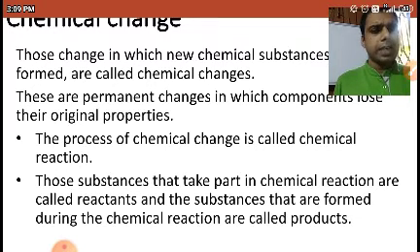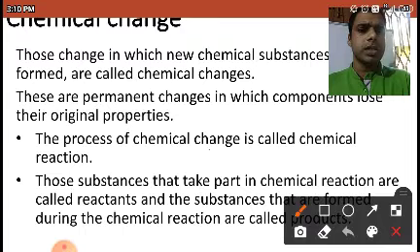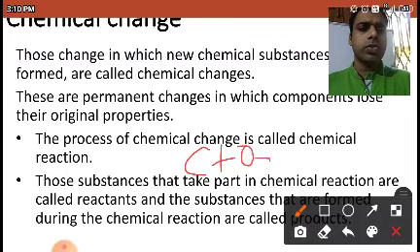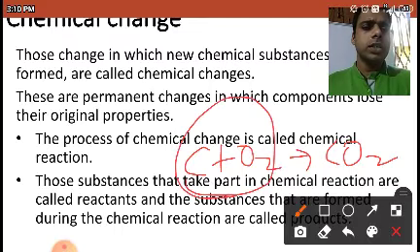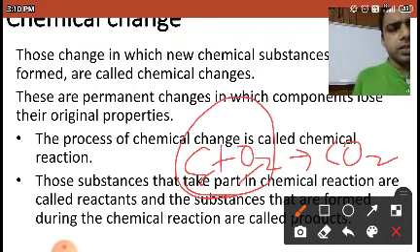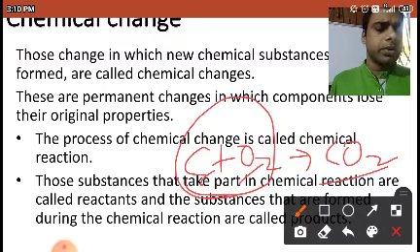These are the participants, and due to them a new substance forms, and that is carbon dioxide. I am showing this chemical reaction: C plus O2 gives CO2. So carbon and oxygen are the participants, and the evolution of carbon dioxide took place.